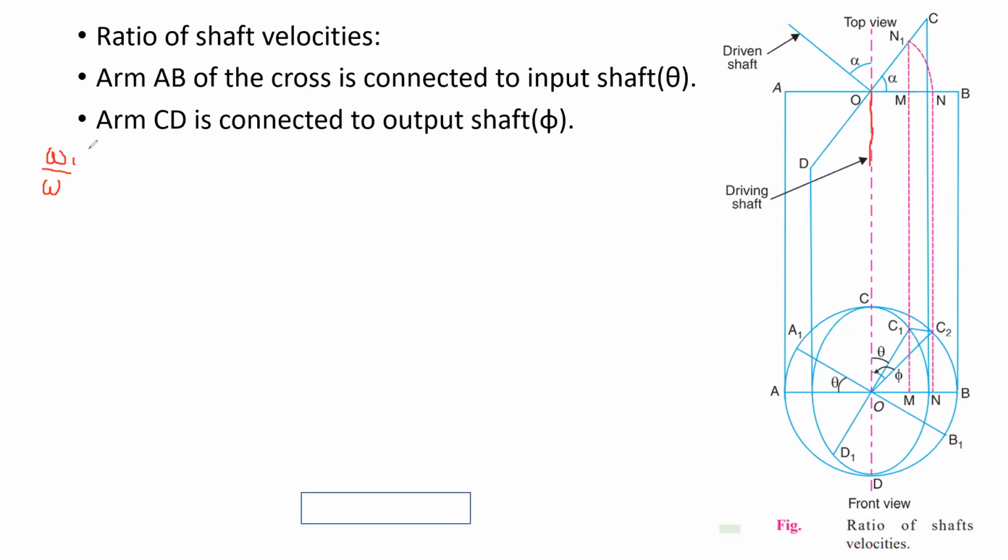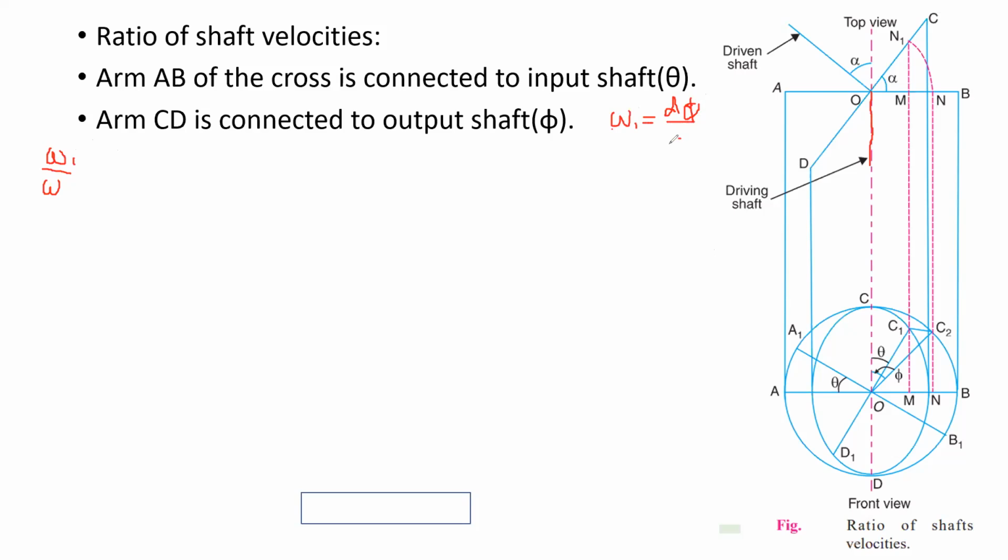First, we are interested in finding out the ratio of shaft velocities, omega 1 upon omega. You know that omega 1 is the rate of change of angular displacement of the output shaft angle, that is nothing but d phi.